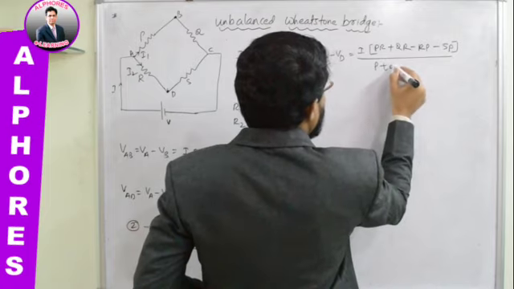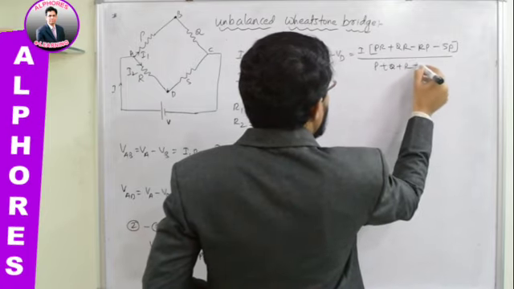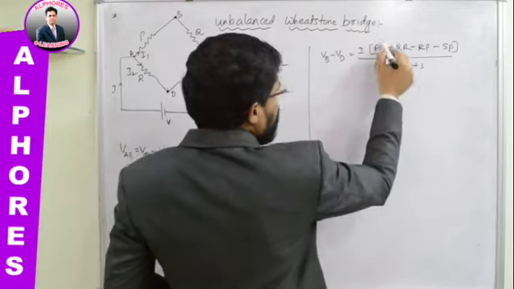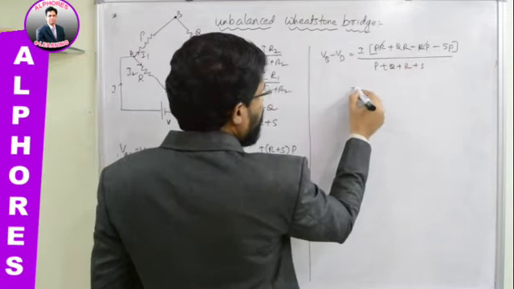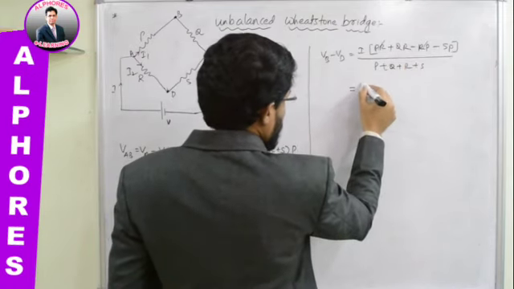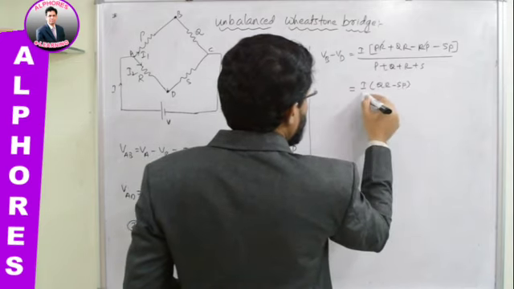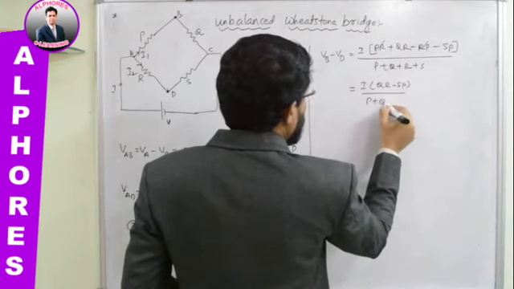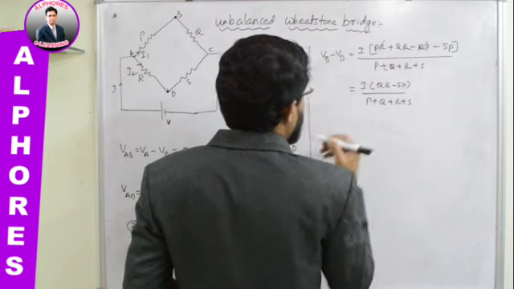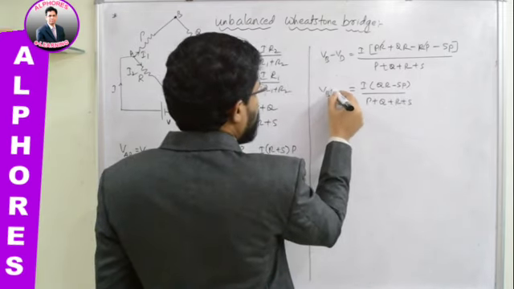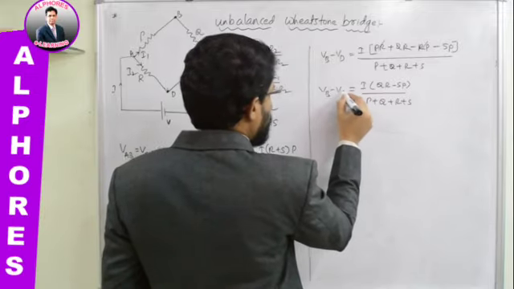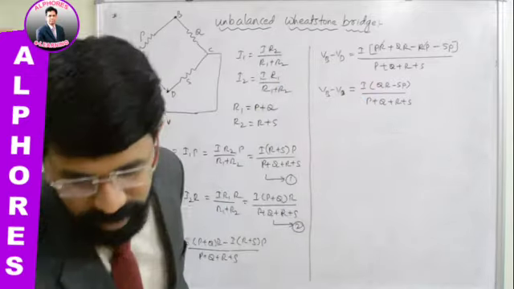P plus Q plus R plus S. Now PR, RP both get cancelled. So finally this is the conclusion: I into QR minus SP by P plus Q plus R plus S. This is nothing but the potential difference between point B and point D.